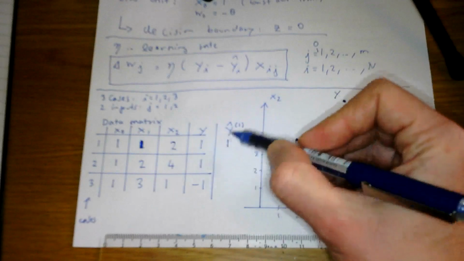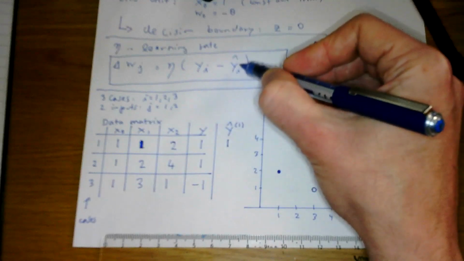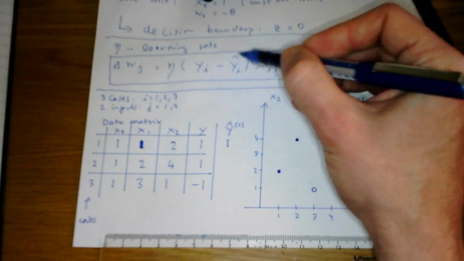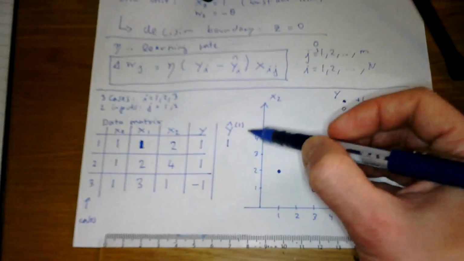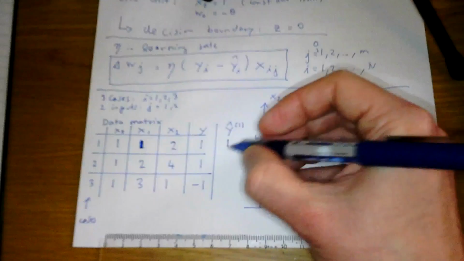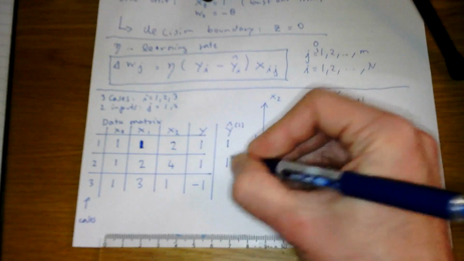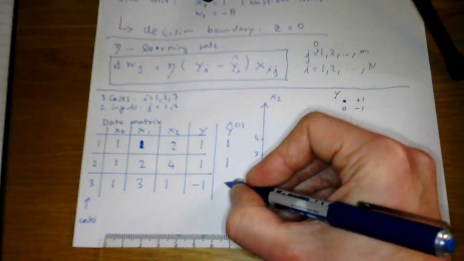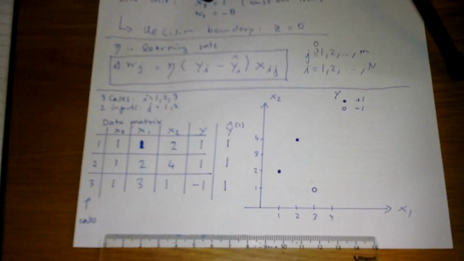Looking at my adjustment, the prediction is 1, the actual value is 1, so 1 minus 1 is equal to 0, so the weight is not adjusted. When we go to the next observation, again I would predict 1, which is true, so there is no weight adjustment. Then we go to the last observation, but here I would predict 1, but the true value is actually -1, so here you get an adjustment.